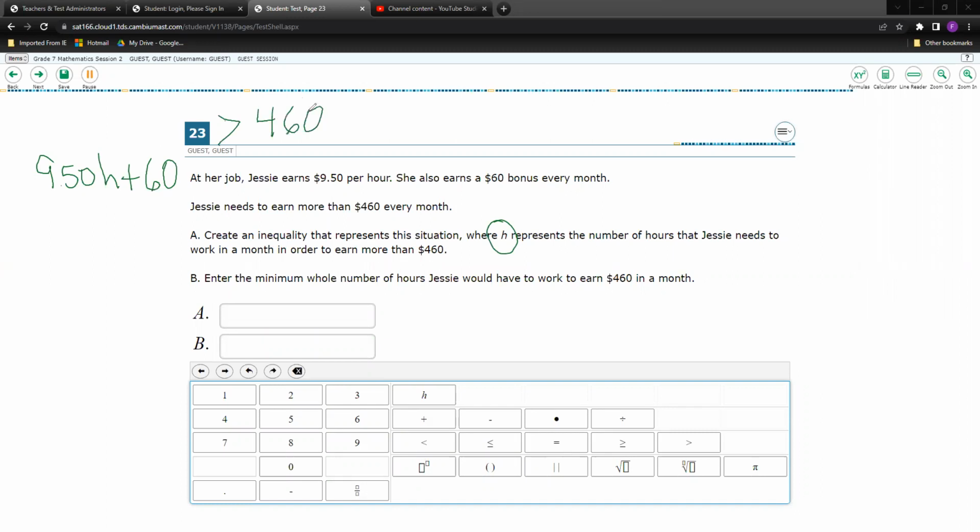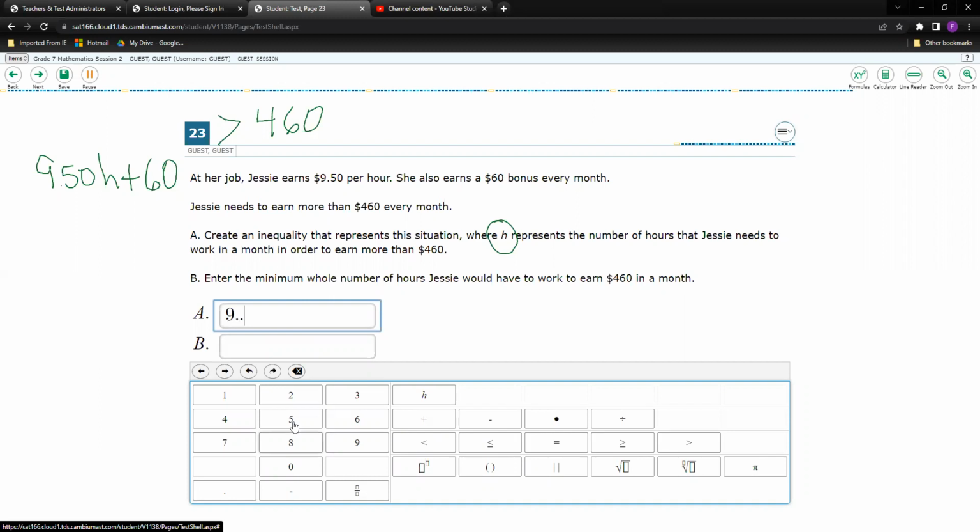Okay, so first, A, create an inequality. We already have it right there. So let's create the inequality right away. Without further ado, 9.50 hours plus the bonus has to be greater than 460.